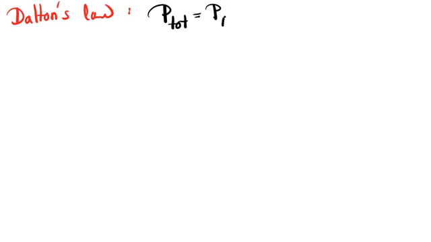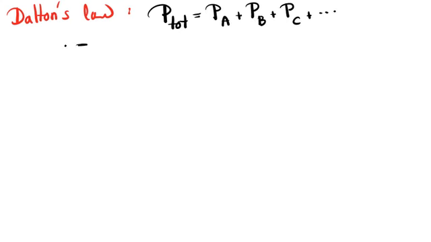For Dalton's law, we have this basic law: the total pressure of a mixture is a summation of the partial pressures, or pressures of the components.